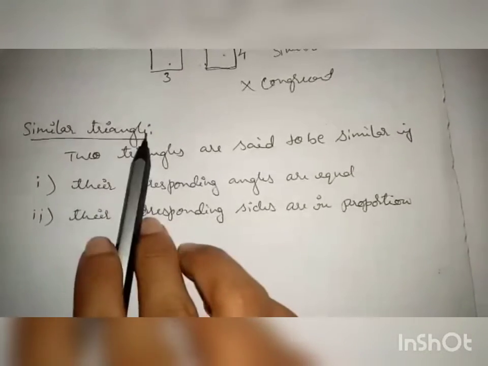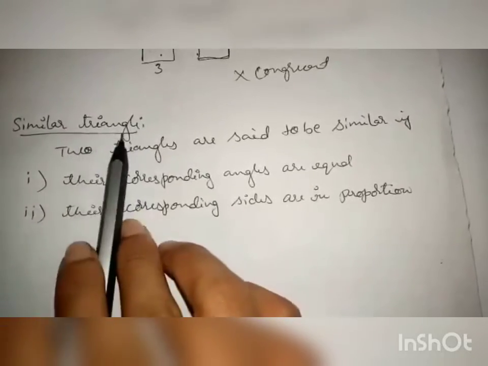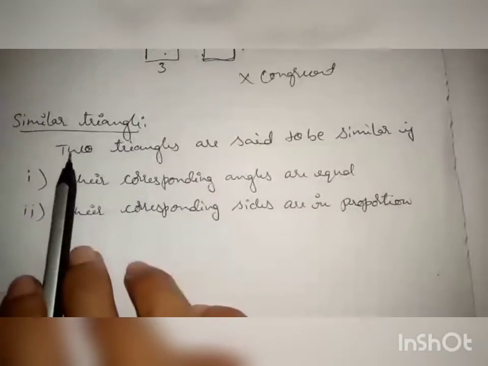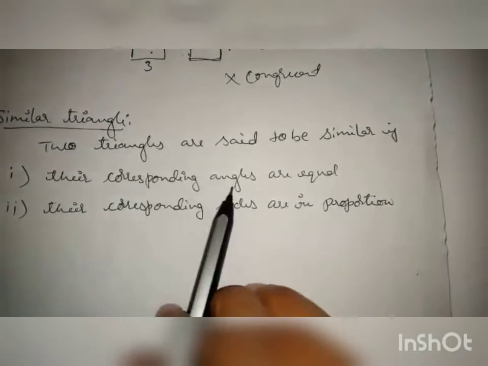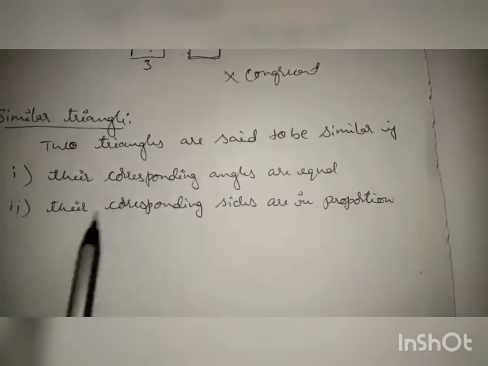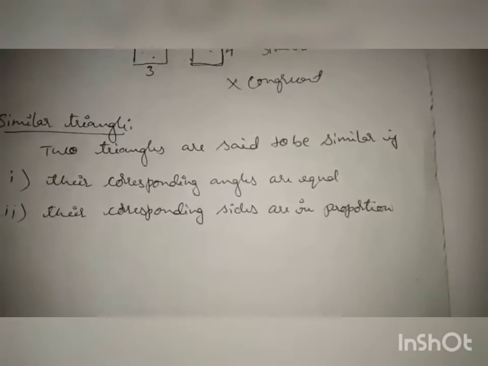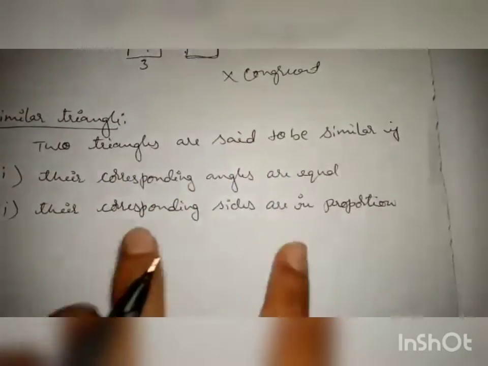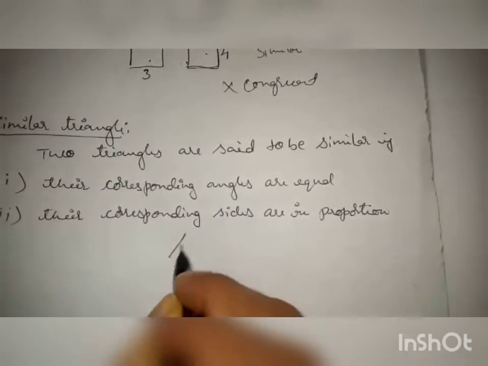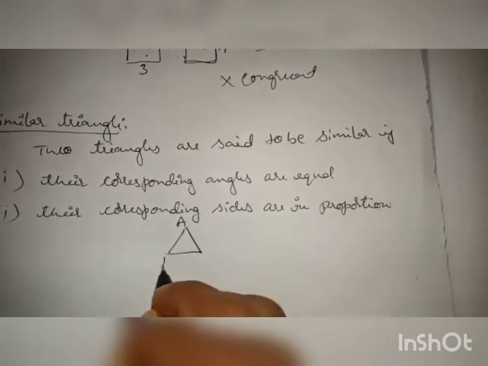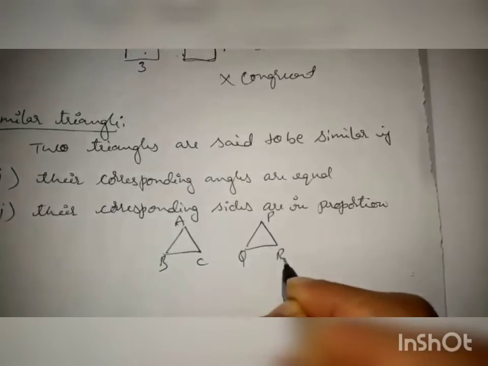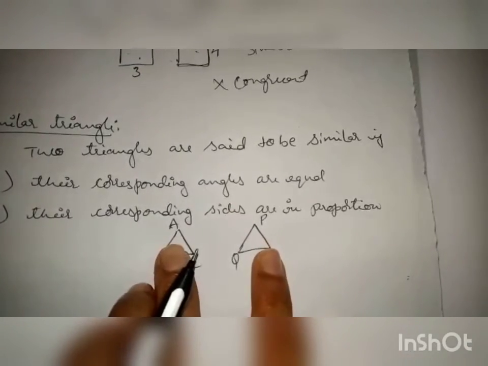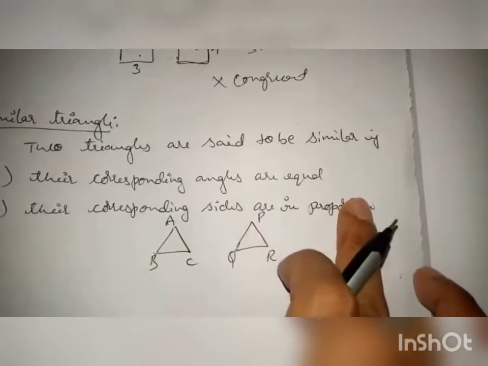Next, similar triangle. So what do you mean by similar triangle? It is defined as two triangles are said to be similar if their corresponding angles are equal and their corresponding sides are in proportion. So we will take two triangles ABC and PQR. These two triangles are said to be similar if their corresponding angles are equal.